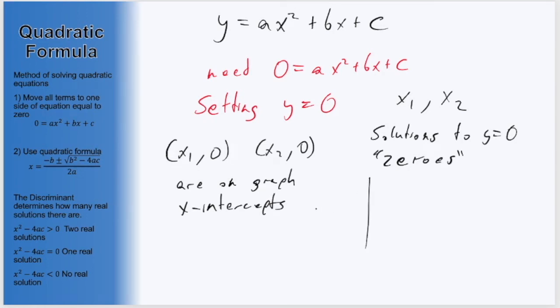So if we have a coordinate grid and are interested in what the plot looks like, once we know x1 and x2 are zeros, we know that they are right here on our x-axis. Finding these zeros, as well as the vertex of a parabola, which we discussed how to find last time, let's say it's down here, is often all you need in order to plot what the graph looks like. So as you can see, finding these zeros can also be helpful in visualizing what the graph looks like.